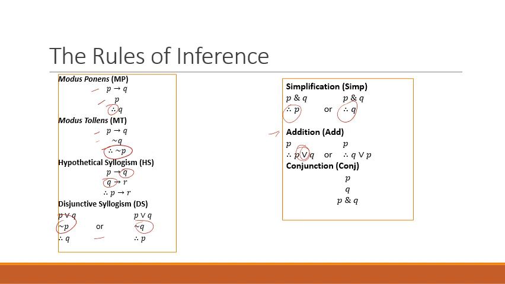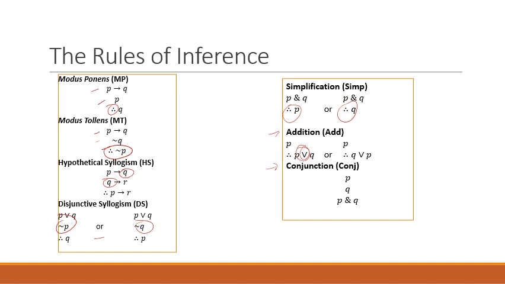And then finally we have our conjunction rule. Our conjunction rule says that if I have two lines somewhere in my proof, I can put them together with the and sign. Sorry, not the addition sign, the and sign. So it's kind of like addition, where you're sort of making a more complicated sentence.